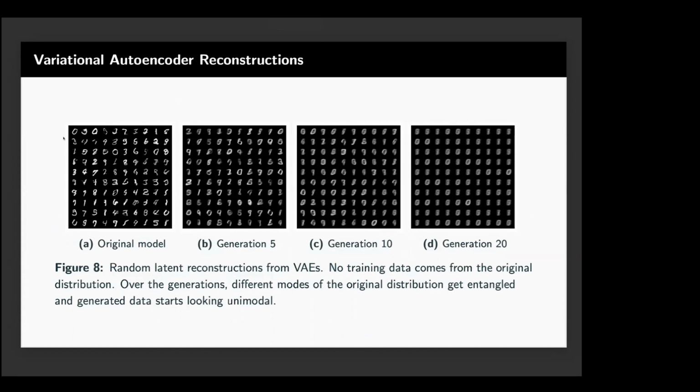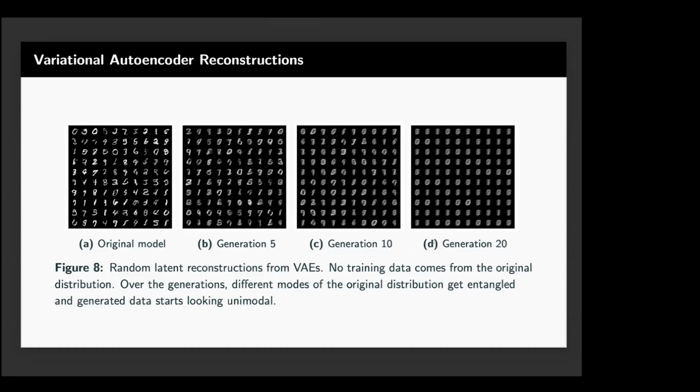You can sample it and you have realistic looking images. But over time, and already by generation 20, these no longer look like real images. They start looking like some sort of average of a 0 and a 9, which I guess it believes to be the most likely sample. But over the generations, all of the modes just get entangled. You have only nonsense. Your tails get completely lost. It's only what's in the middle that is left.